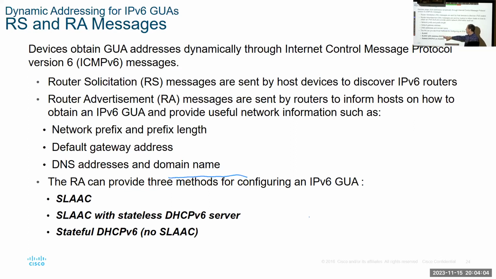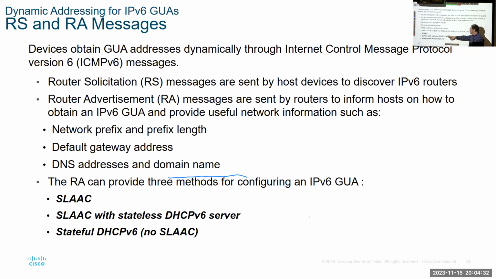The other way is with stateless DHCPv6. In that case, the router will still give them the prefix, the first 64 bits of the address, but then the DHCP server will be used to give them other information like DNS servers and domain names and things like that.